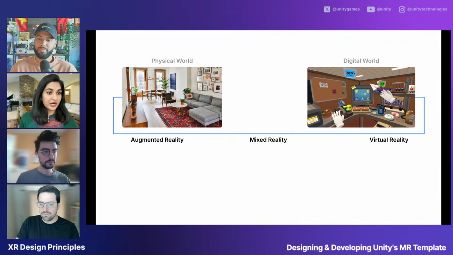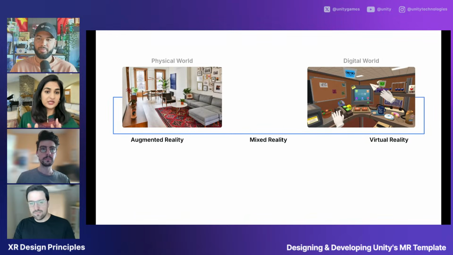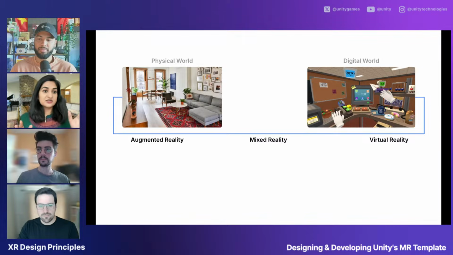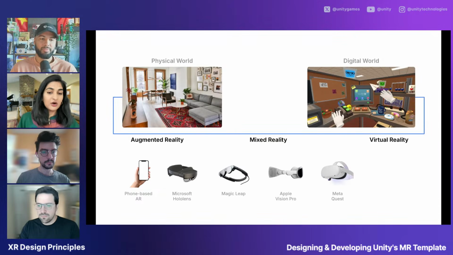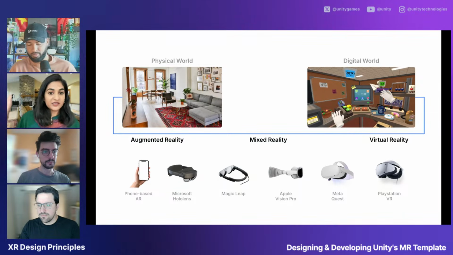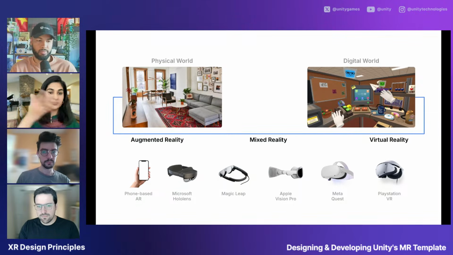You don't see any part of your physical world at all. And somewhere in between is mixed reality. So you can transition from AR to VR. And there are lots of different devices that support it. So you have phone-based AR, you have all these cool headsets in the market, and then VR would be PlayStation VR, and somewhere in between would be all of this other range of devices.